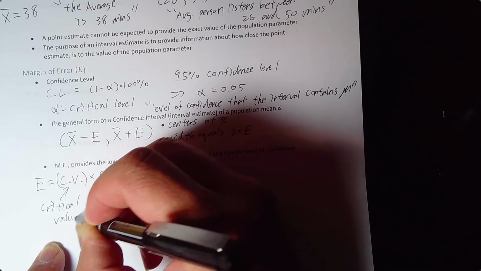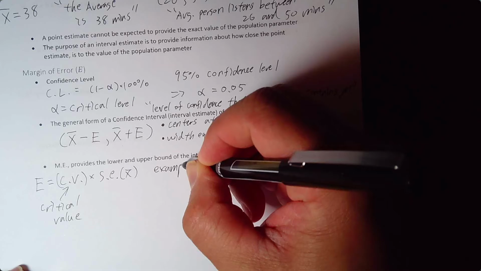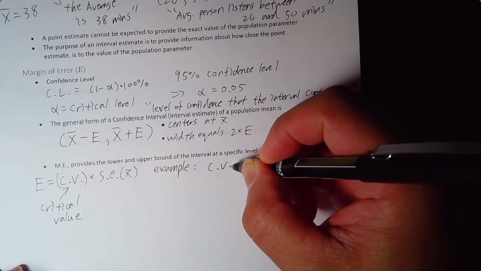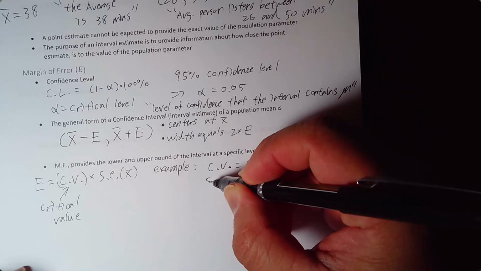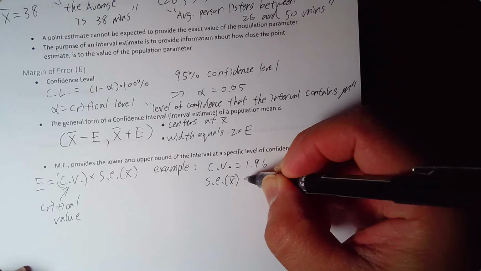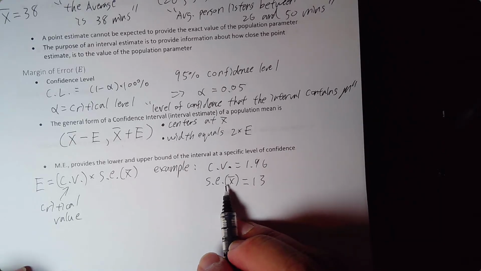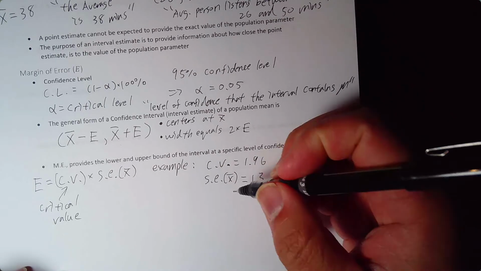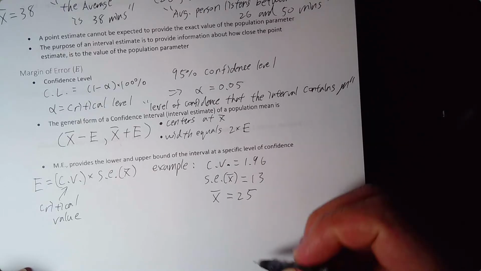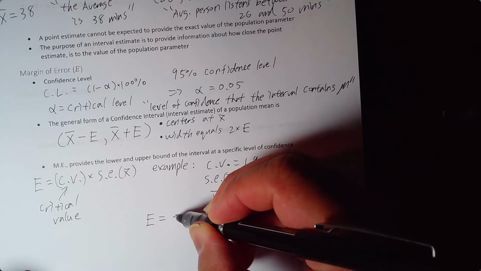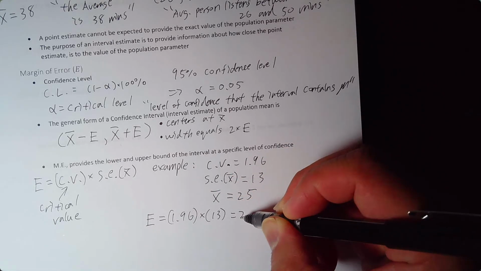As a simple example, suppose that CV equals 1.96. I'm just making these numbers up, and then your standard error for x bar equals 13. This is something that we will calculate from our sample statistic. And then x bar equals 25. In that case, what is our E? Our E will equal 1.96 times 13, which equals 25.48.